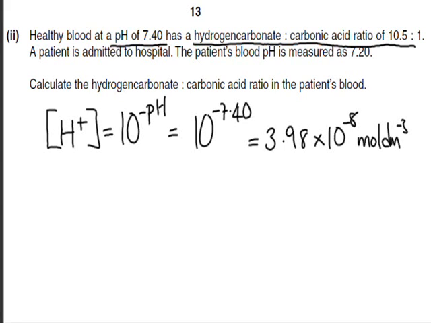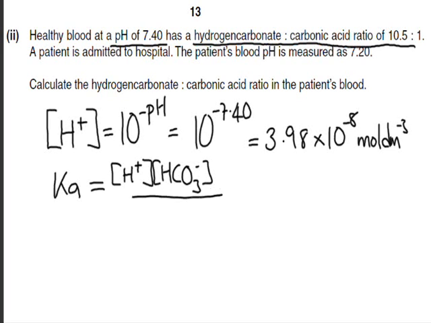Right, having calculated that, we now need to determine Ka. For that healthy blood, Ka is equal to the concentration of H+ times the concentration of hydrogen carbonate divided by the concentration of carbonic acid. We plug in the values we are given. We know the concentration of H+ as 3.98 times 10 to the minus 8 moles per decimeter cubed.